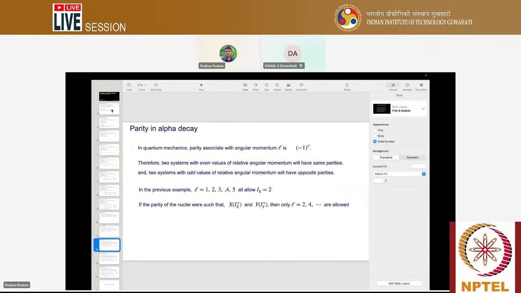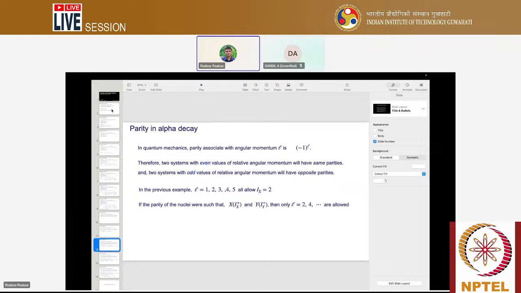Okay, so X, let us say, has a parity plus, and Y also has a parity plus, which means if you take the corresponding wave function in quantum mechanics for this nucleus X, then that corresponds to a function with positive parity. In a sense, it is an even function of the coordinates. I mean, in a vague sense, but basically, we have to remember that we are working with 3 dimensions.